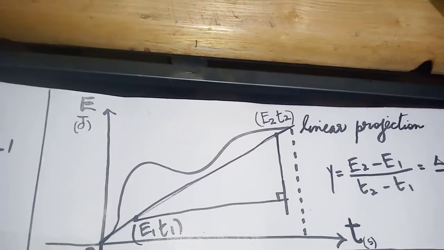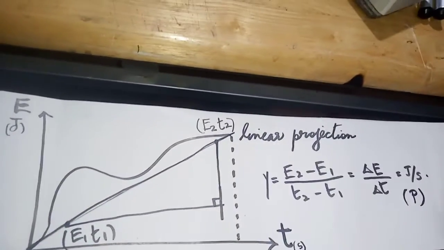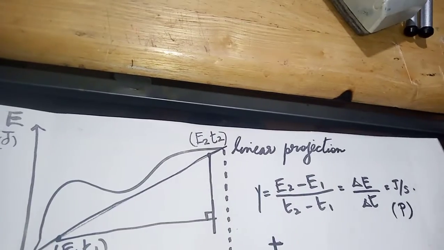Now average power will be power divided by root 2, or half times P.